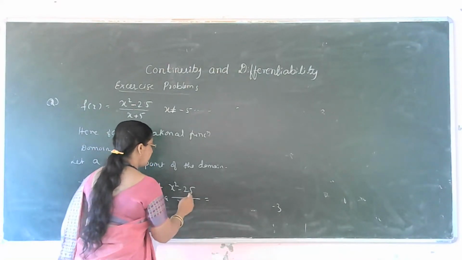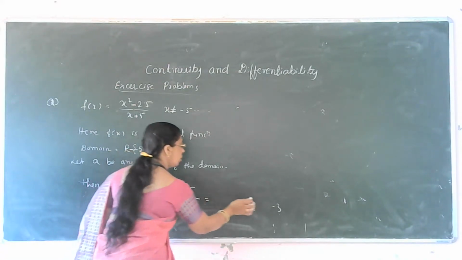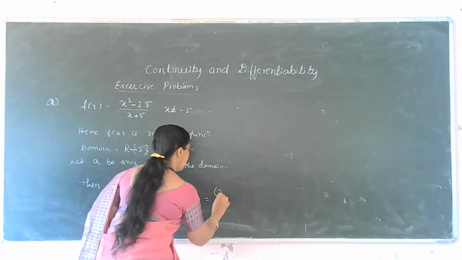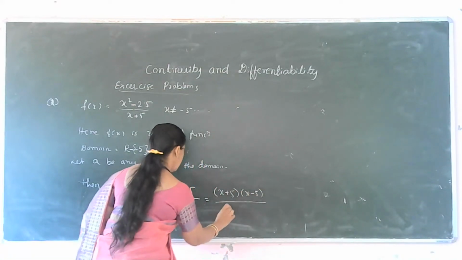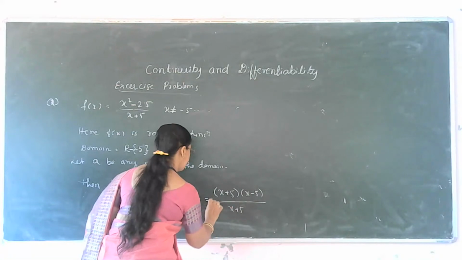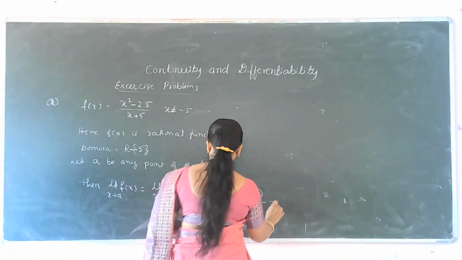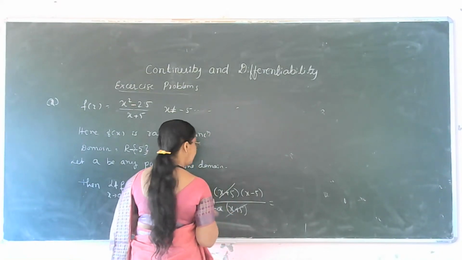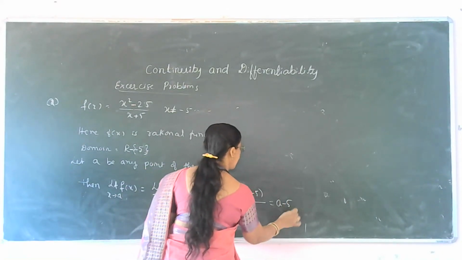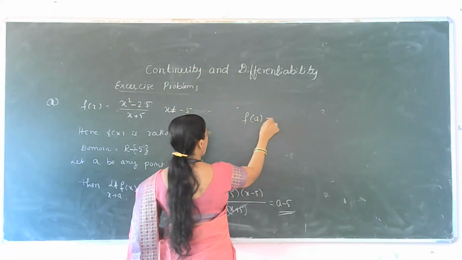We write x square minus 25 by using the formula as x plus 5 times x minus 5. Then x plus 5 gets cancelled. Then you put the value of a, and a minus 5 is the answer.